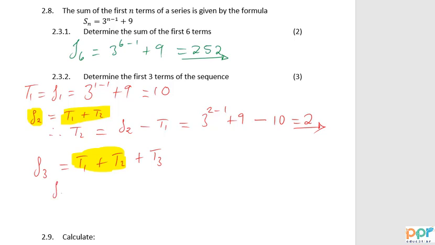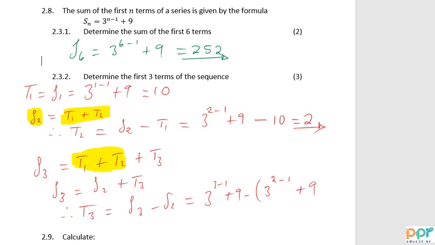So I will have the sum to the third term equals the sum to the second term plus the third term. Then the third term is the sum to the third term minus the sum to the second term. Then let me plug in 3 to the power 3 minus 1 plus 9 minus 3 to the power 2 minus 1 plus 9. So I must have 2 plus 9 and 8.